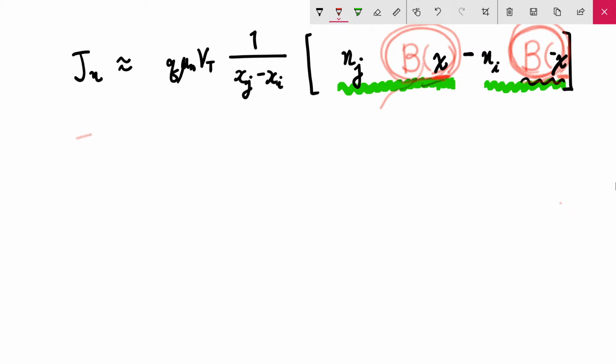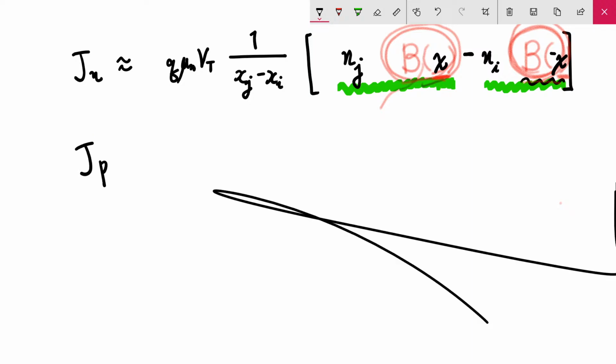If we go to, instead of jn, let me apply my full approximation like this. Then how can we write down the form of jp?